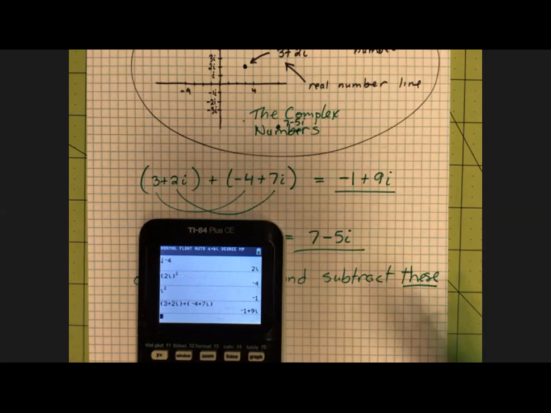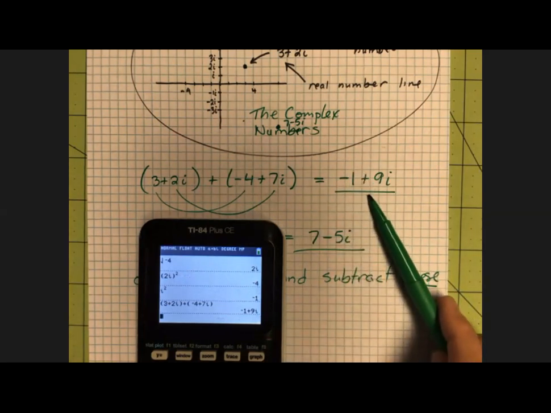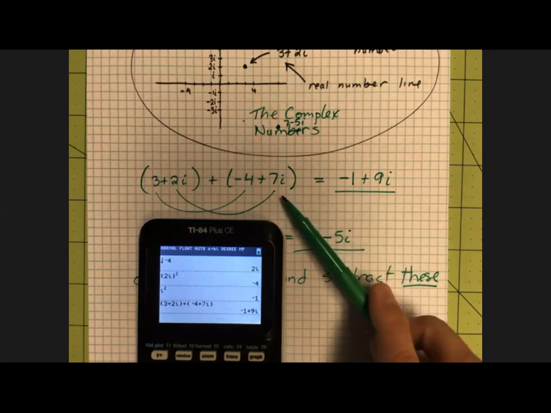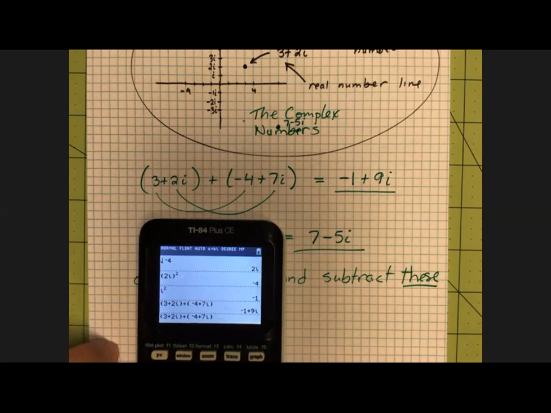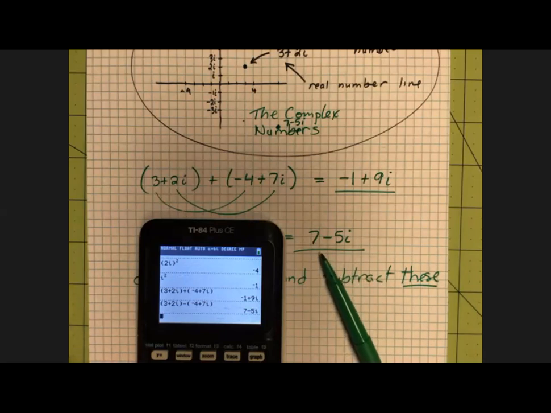Notice the calculator says -1 plus 9i, just like we did, because it wasn't hard to do that. Just combine like terms. What if I had subtracted them instead? Put a subtraction sign in there. The calculator's not going to blink. It's just going to say 7 minus 5i.